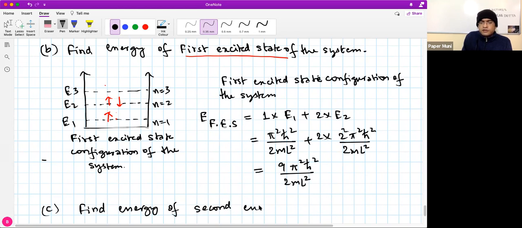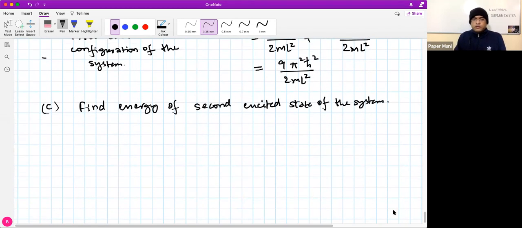Find the energy of the second excited state of the system.